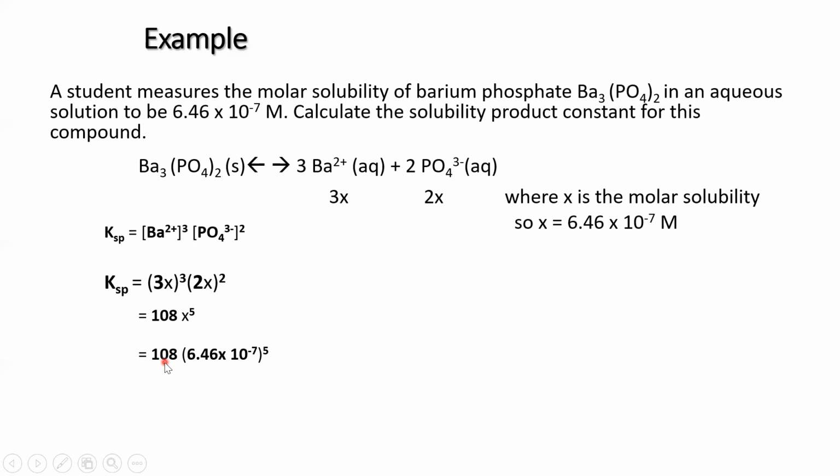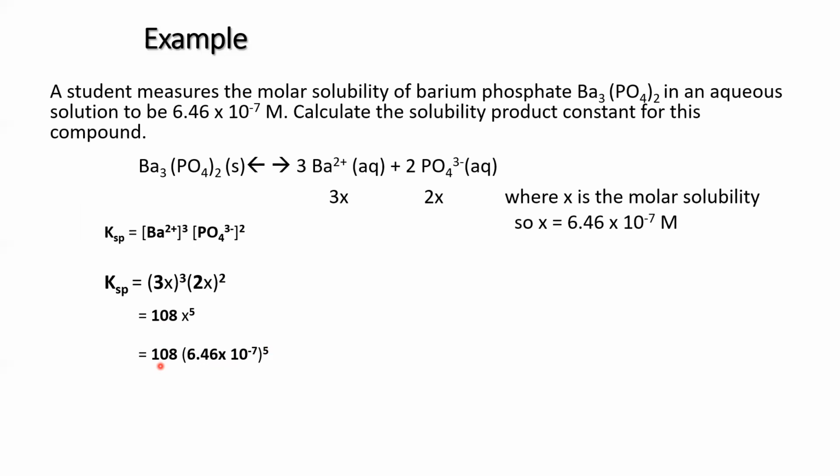So 108 times 6.46 e negative 7 raised to the 5th power. Do the exponent part first. Remember your PEMDAS rules, order of operation. Exponents come first, then multiplying comes second. So practice that in your calculator before I give you the answer. 6.46 e negative 7 raised to the 5th power equals, times 108.